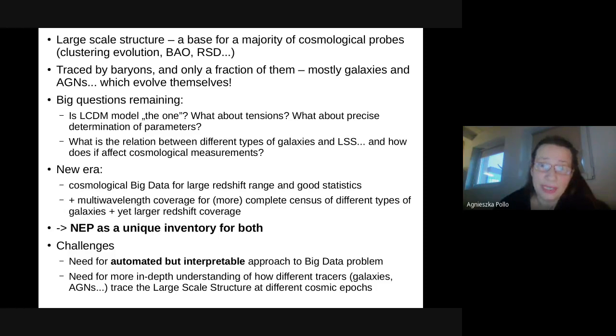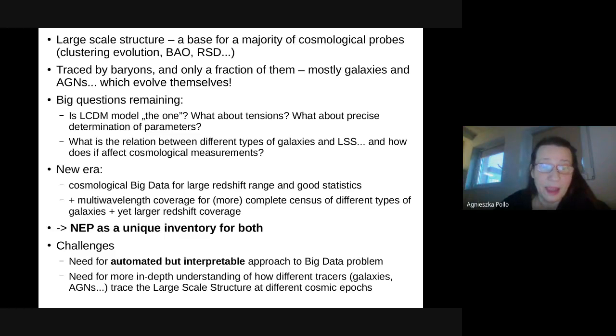And nowadays, we are finally getting both big cosmological data, which really allow us very good statistics, and multi-wavelength coverage of this data, which allows us a complete census of very different types of galaxies, going deep with redshifts, and then understanding really well how these different types of extragalactic objects trace the underlying dark matter field.